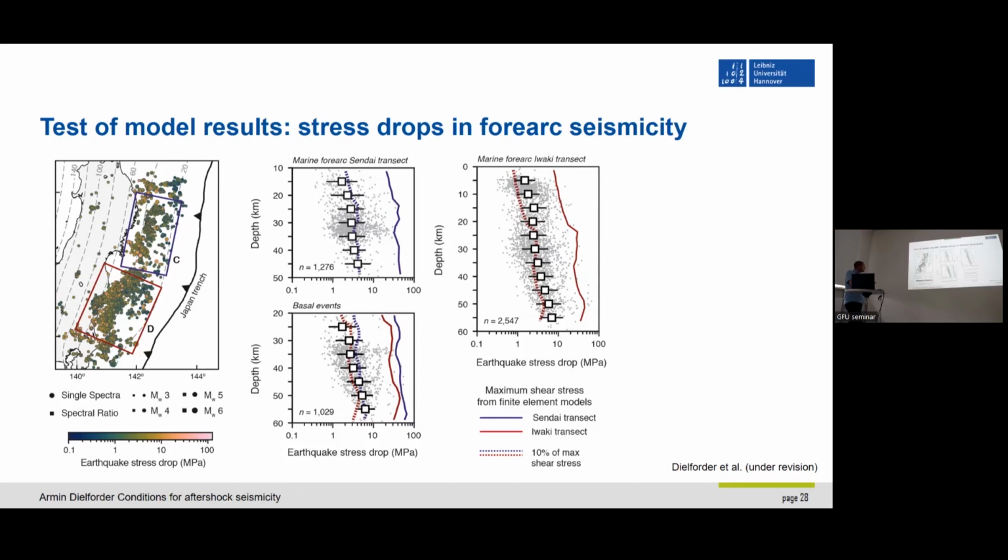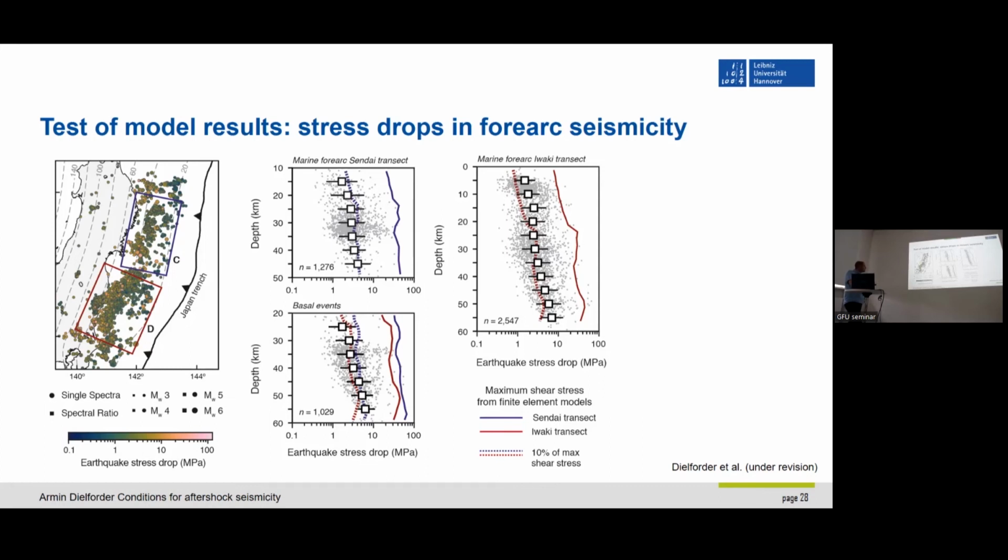subsections, for example, the submarine forearc in the main slip area, which is shown here, and it shows the same relationship that I explained before. It's also true for the southern area. You see here only the stress drop estimates for the south, and we have again the same relationship to the model stresses.